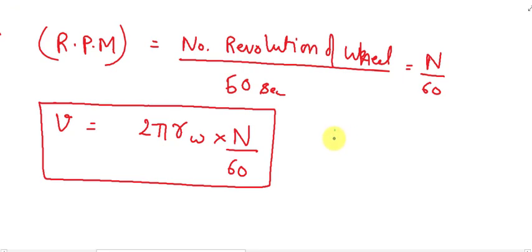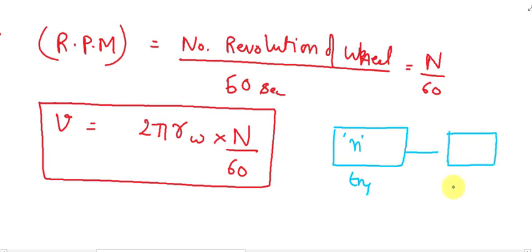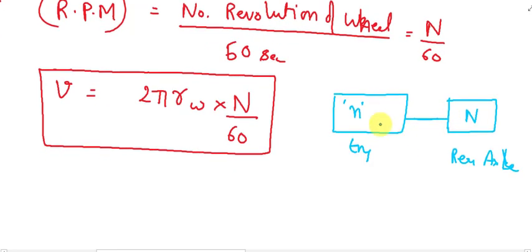We convert. Suppose this is your engine in which the small n represents the number of revolutions of the crankshaft, and this is your rear axle on which your wheel is attached, and here the number of revolutions is N. So how do we relate these two values? When you're moving from this end in this direction, you will face some gear ratios, which are gt and gr, as well as overall efficiency, defined by k.